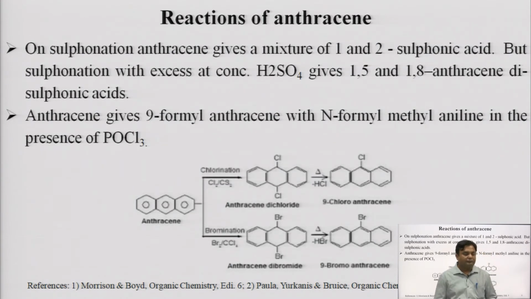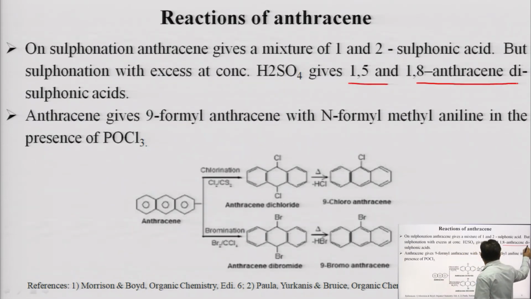As I have said to you that sulfonation takes place at 1 and 2 position, you have to remember it as an example. On sulfonation, anthracene gives a mixture of 1 and 2 sulfonic acid, but sulfonation with excess of concentrated H2SO4 gives substituted products as 1,5 and 1,8 anthracene disulfonic acid.